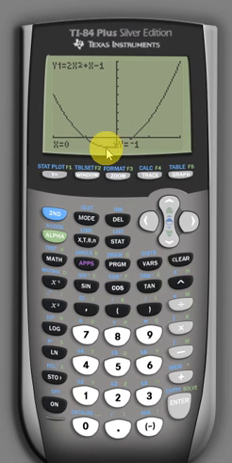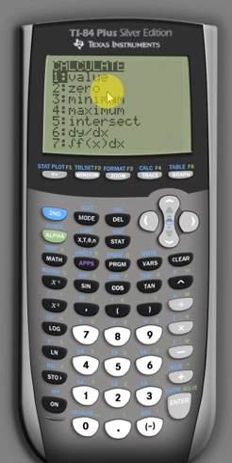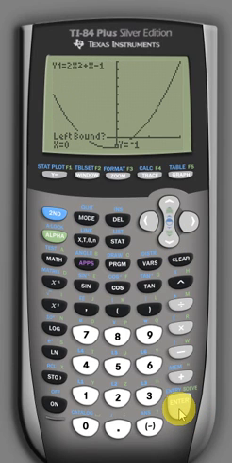Now I also want to find the vertex here. You can see it's somewhere between -1 and the y-axis. So if I want to find that accurately, I go in, calculate again, and I can see that it's a minimum point. So I'll choose number 3, minimum, and I put in boundaries again.